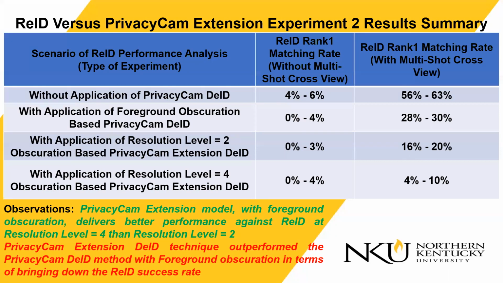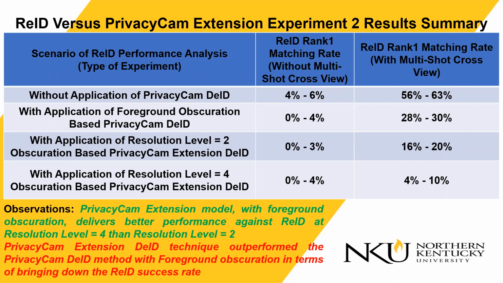So in the next slide, we're going to look at the summarized results from this second experiment, namely the ReID versus privacy cam extension. Just like the first experiment, and even more so, we notice that without the application of de-identification, the ReID rank 1 match rate is between 56% to 63%.